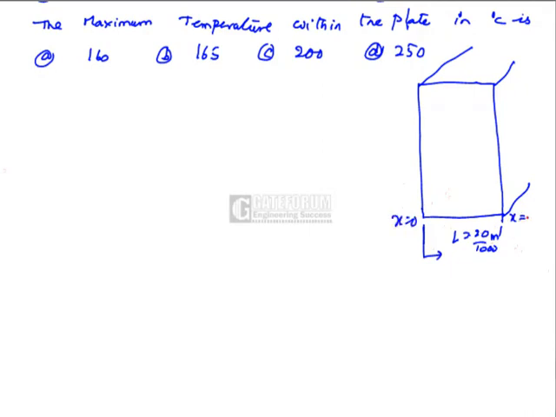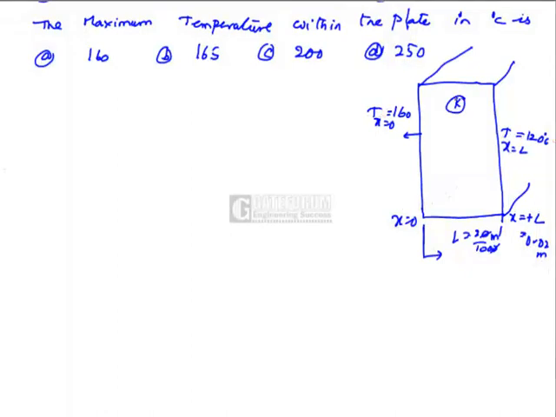On the right face, x is plus L, that is 0.02 meters. Temperature at the left face, at x is equal to 0, is given as 160. Temperature at x is equal to L is given as 120 degrees centigrade.